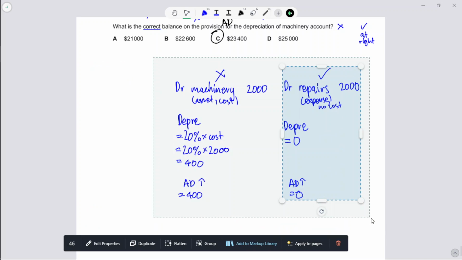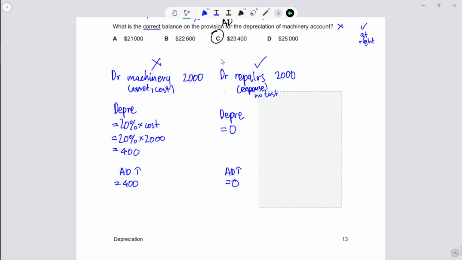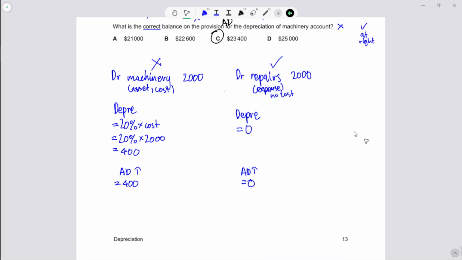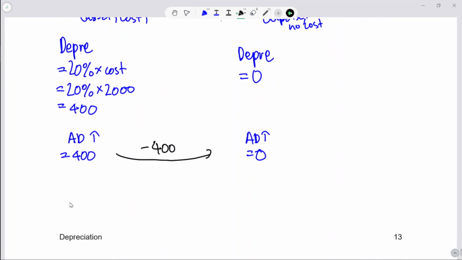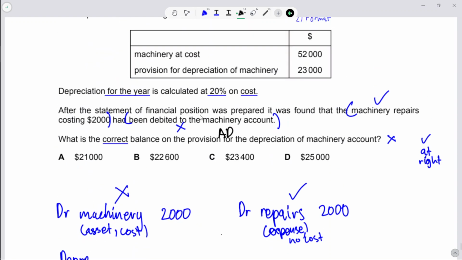So let's say, okay. So from here to here, the AD should decrease by 400. So the AD will equal to previously 23,000.